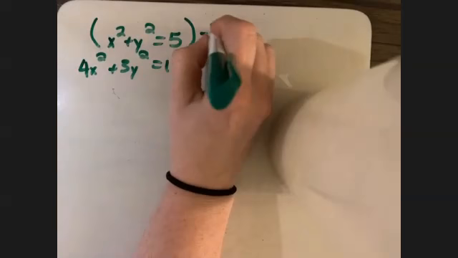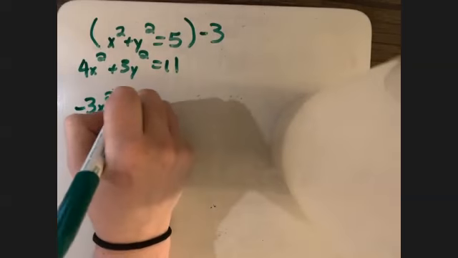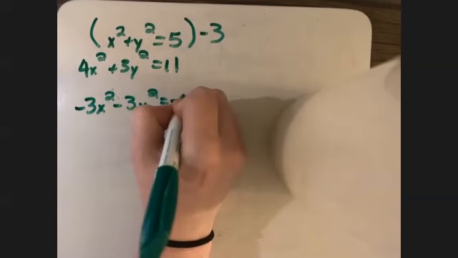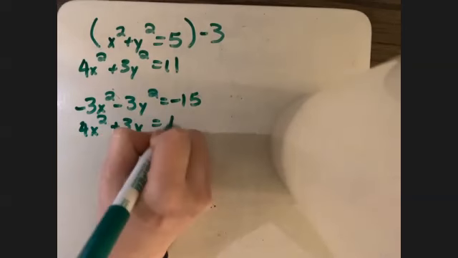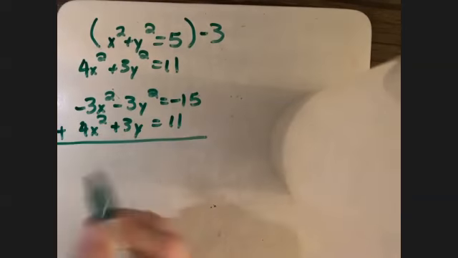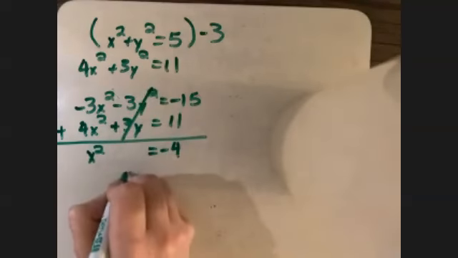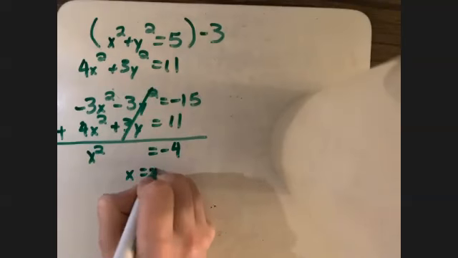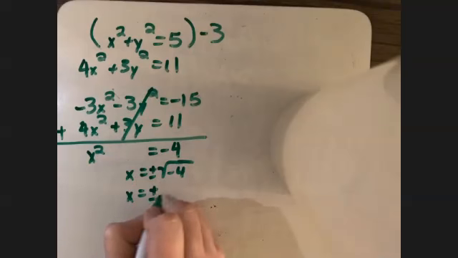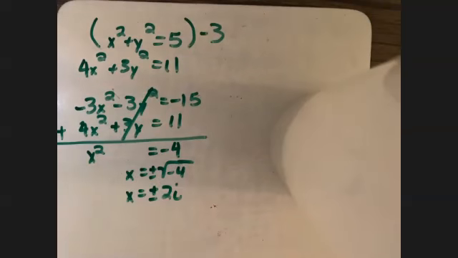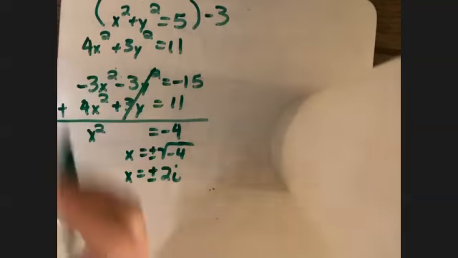elimination. This top one by -3 to get rid of the y's. It's going to give me x squared is -4. Now, you can get complex answers. Again, I'm going to plug this back in.